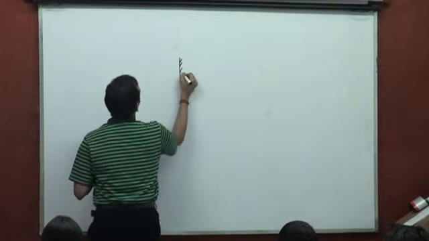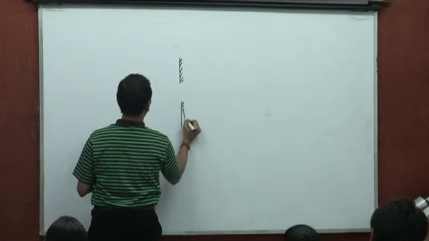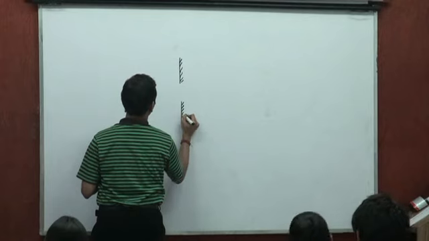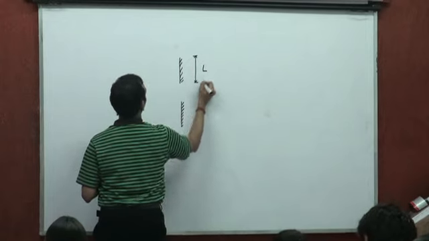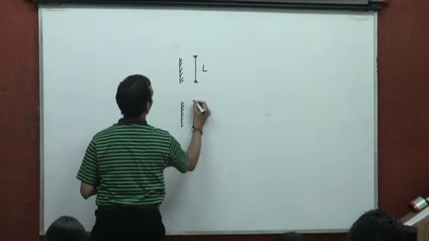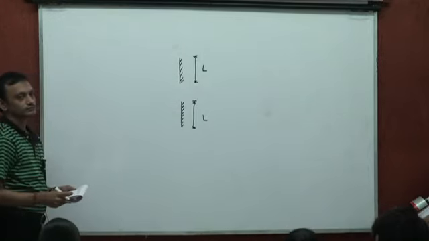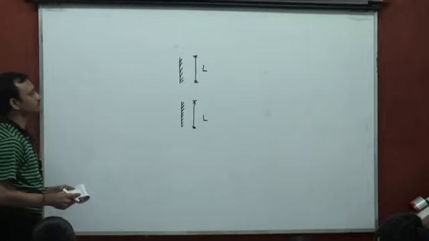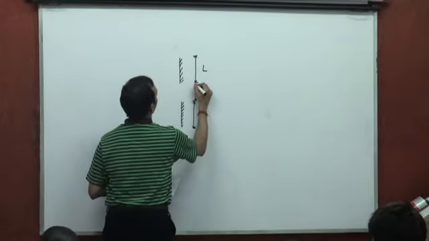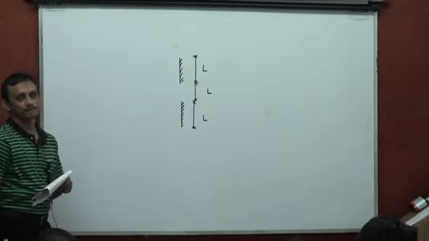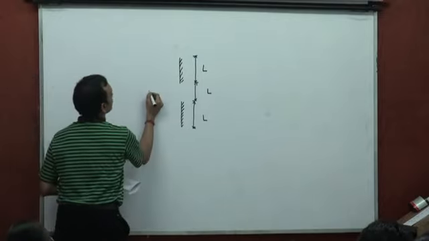So we have a mirror of length L here, and another mirror of length L here. Separation between the mirrors is L. And the observer is here.